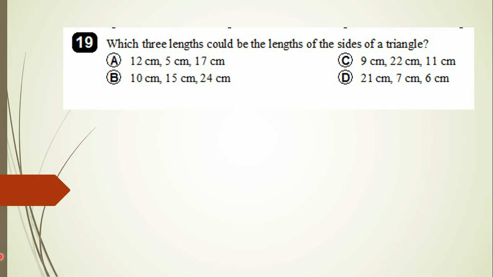No. Letter A. What are the smallest two sides? 12 and 5. Their sum is 17. Equals, not greater, so no. Letter B. The smallest two sides, 10 and 15. Their sum is 25. Is it greater than the third side? Yes. Then they can be sides of a triangle.